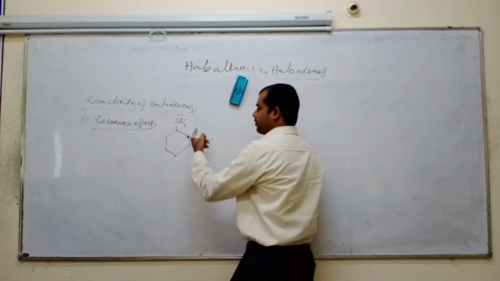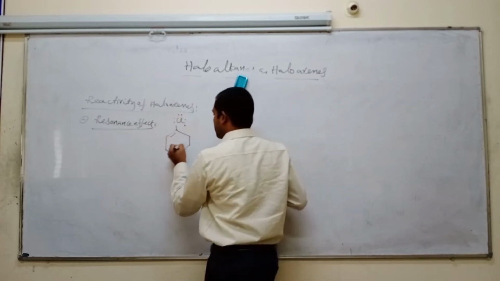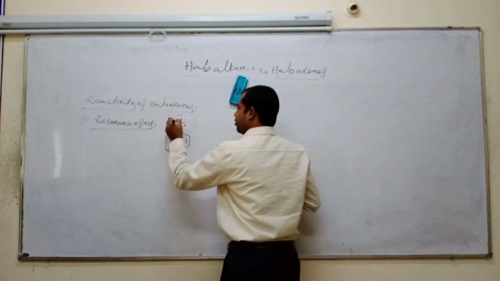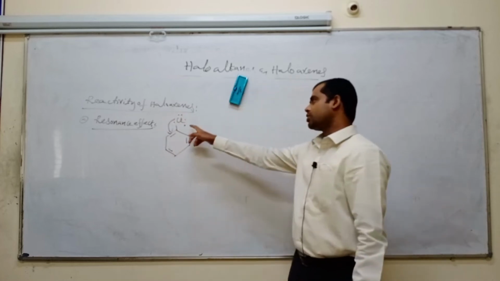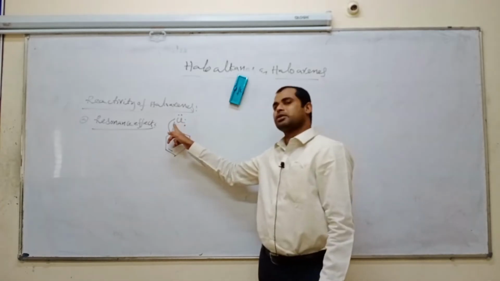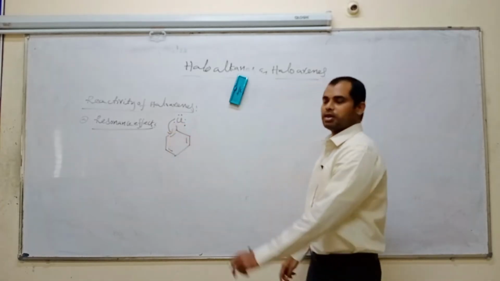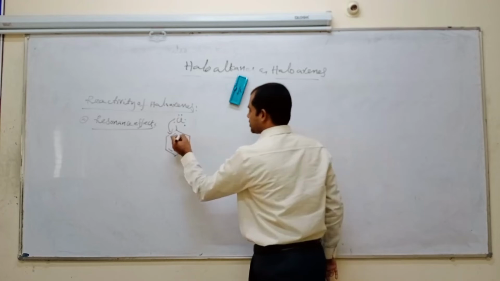So here the halogen has a lone pair, and the pi bonds are there. This lone pair of electrons is in conjugation with the pi bonds, so they form resonating structures.